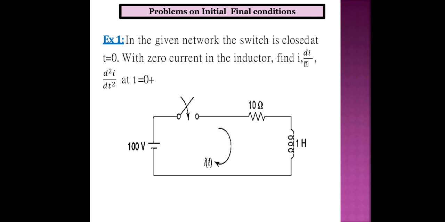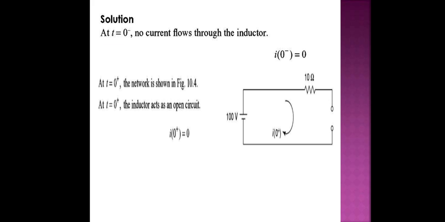This is the current passing through the circuit, that is through the R and L. The switch is closed at t equal to 0. Now, how are we going to solve this?